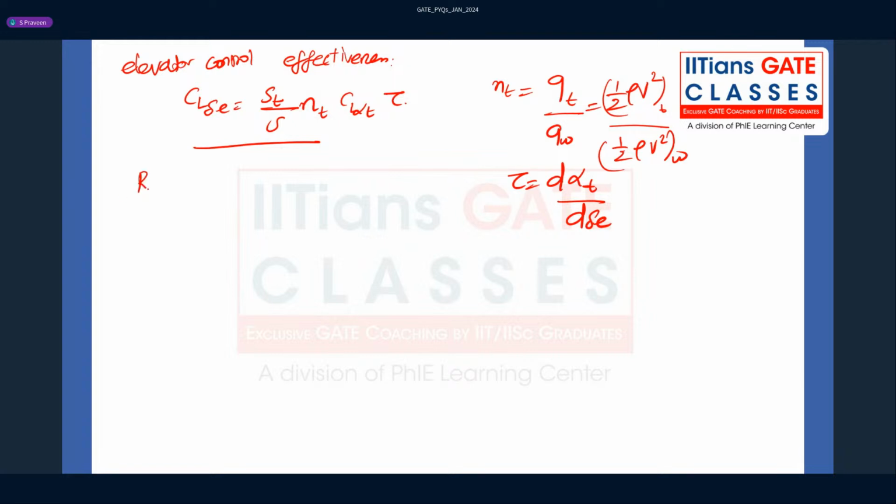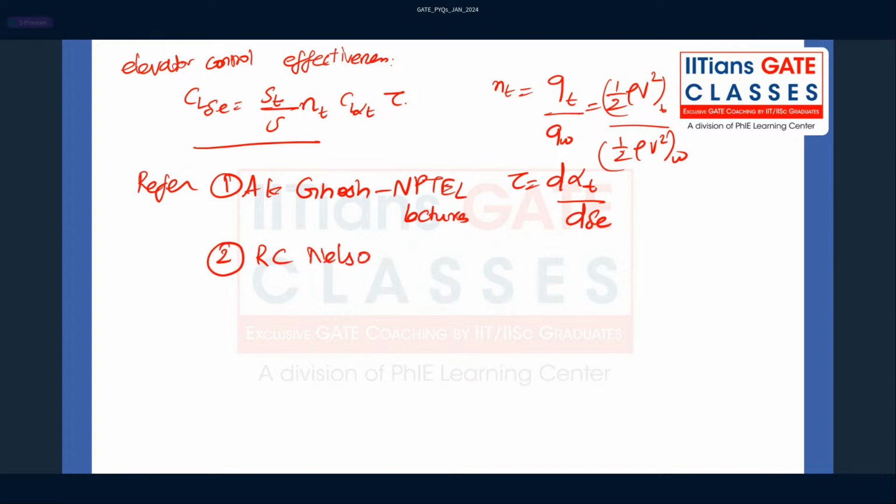So kindly refer and do any of these things or do all three of them. That will be better. AK Ghosh NPTEL lectures. You can also do, like I said, RC Nelson book, I think Flight Stability and Automatic Control.